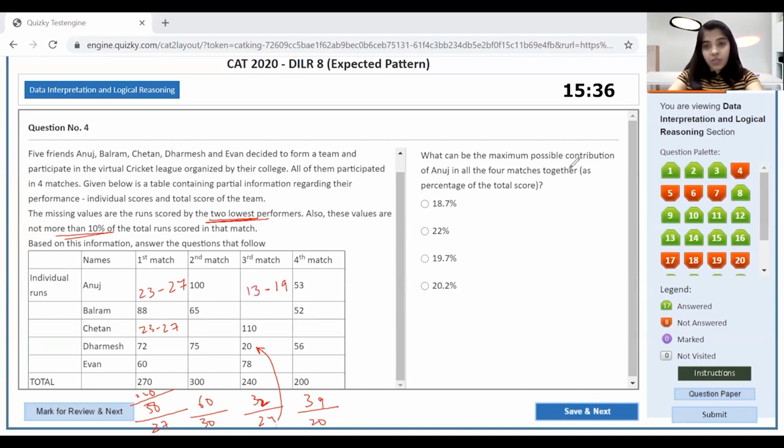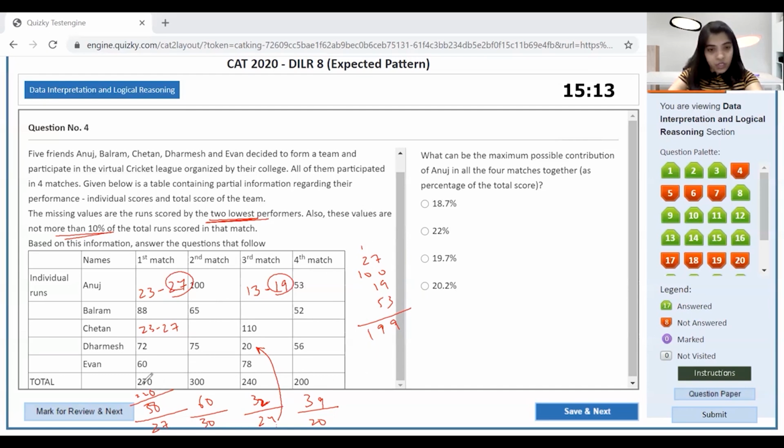They're asking the maximum possible contribution of Anuj in all 4 matches together as a percentage of the total score, right? So the maximum could be this and this. We have 27, 100, 19 and 53, which gives 199. What is the total score?